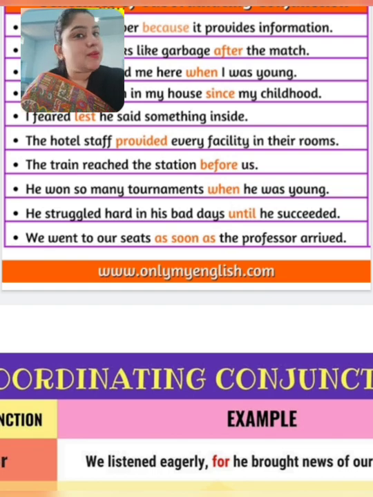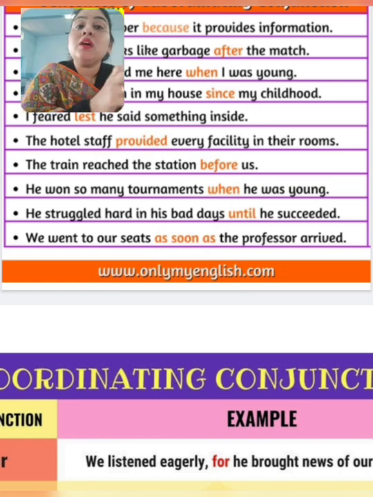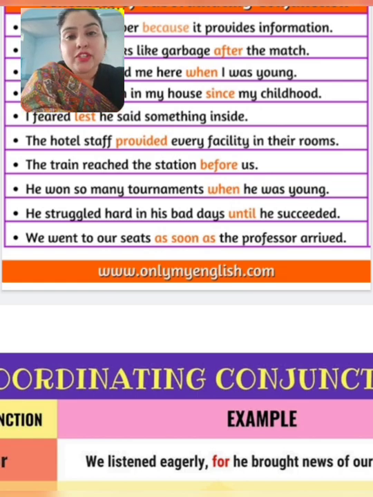Right? समझ में आ रहा है? But अगर मैं बोलूँ it provides information, ये तो dependent clause है ना, इससे पता थोड़ी ना चलता है कि क्या information दे रहा है. What is providing information? We do not know. So here what we'll use? Because. That's how it becomes I read a newspaper because it provides information.